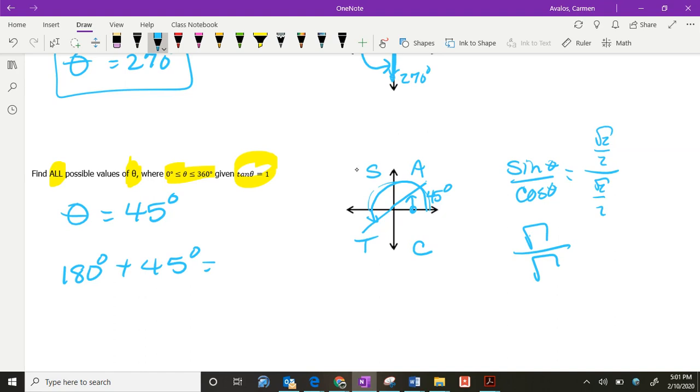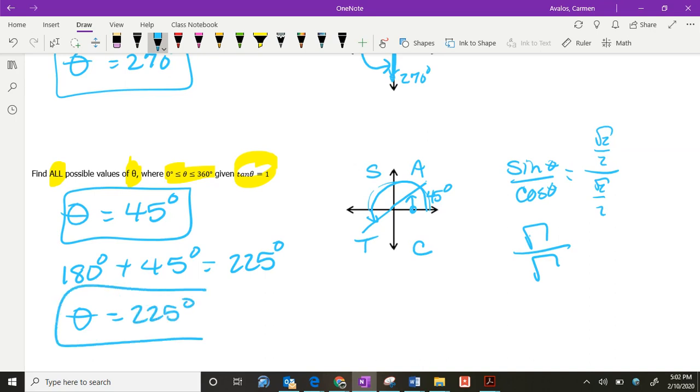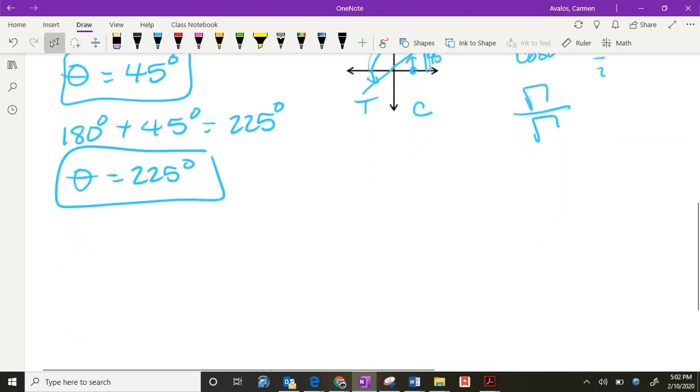Adding the 45 degrees is going to give us 225 degrees. So the two angles that we're talking about are the 45 and the 225. So all the angles possible to have tangent be 1 are 45 degrees and 225 degrees. Very good.